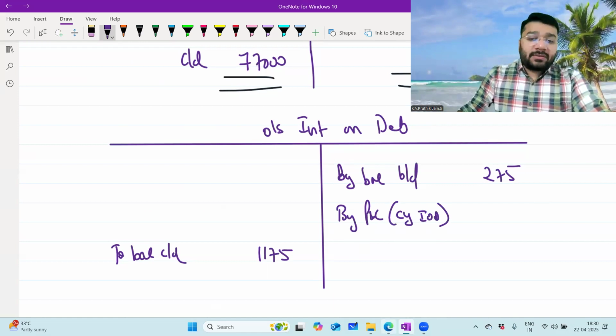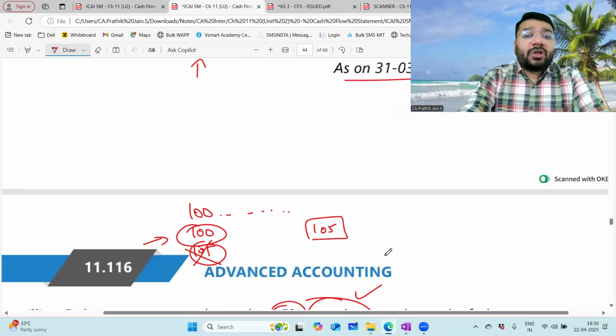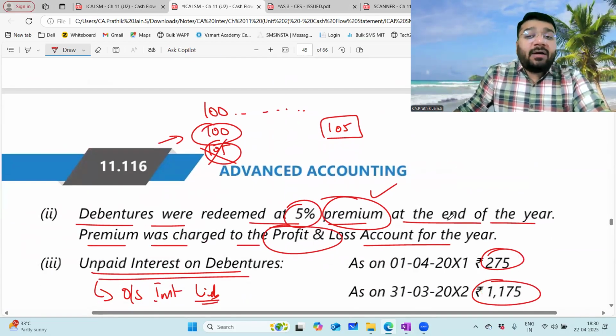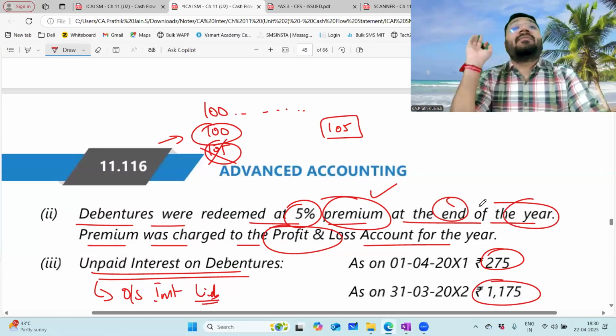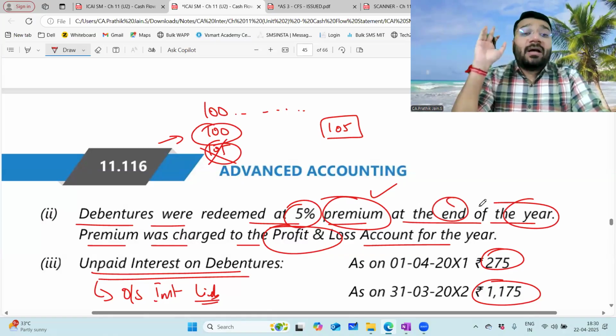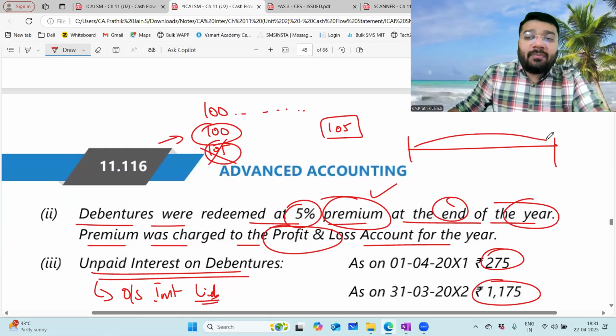Now, how do you calculate this? If the question is silent about the date of redemption, we should assume the beginning. But here they have told that debentures were redeemed at the end of the year. Nothing mentioned means redemption or issue at the beginning of the financial year. But here the question is very clear that the debenture is redeemed at the end of the year. So throughout the year, how much money has been enjoyed by the business?